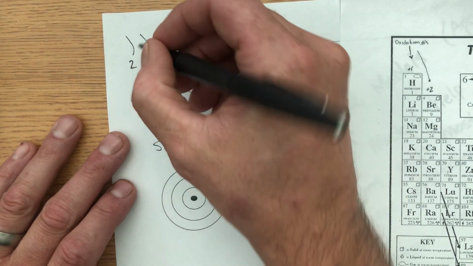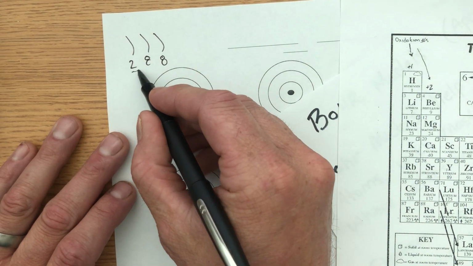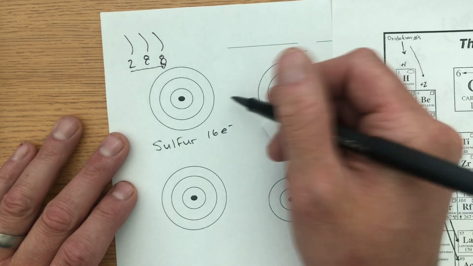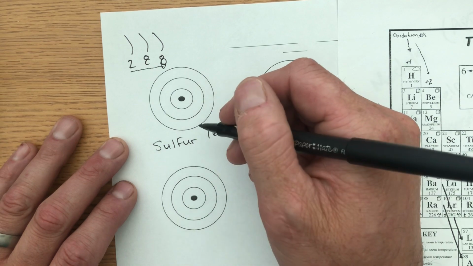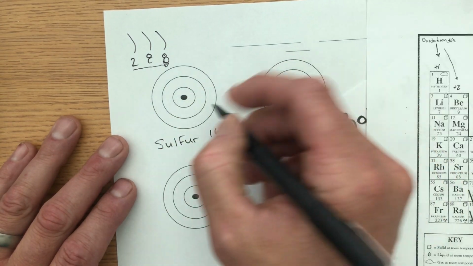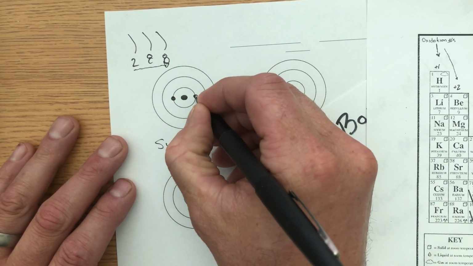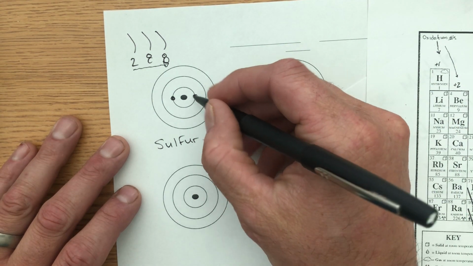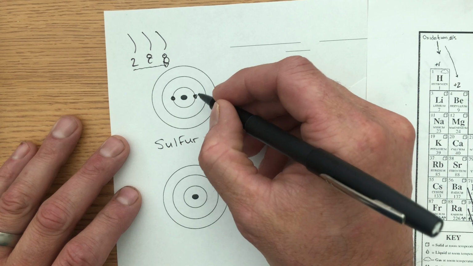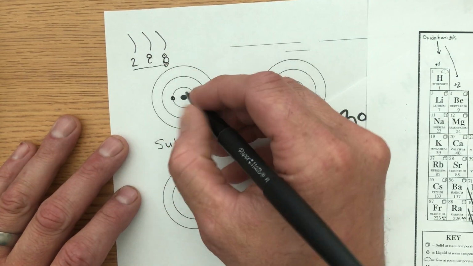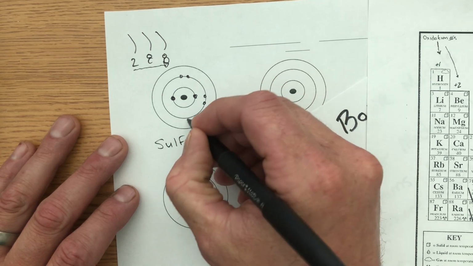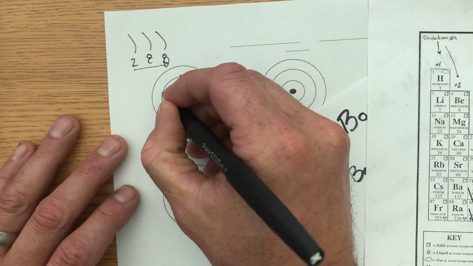And so what you do is just start from the inside and work your way out, okay? You just maximize your energy level and then move on to the next one. So obviously the first one, we're going to put 2 electrons in, and that's the end of the road for that energy level. There's only 2. The next one, we can hold a maximum of 8, and these actually will go into pairs like this.